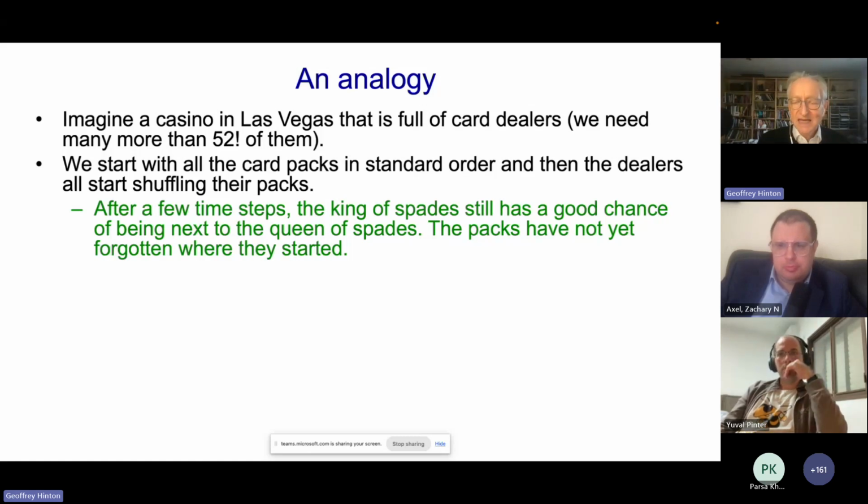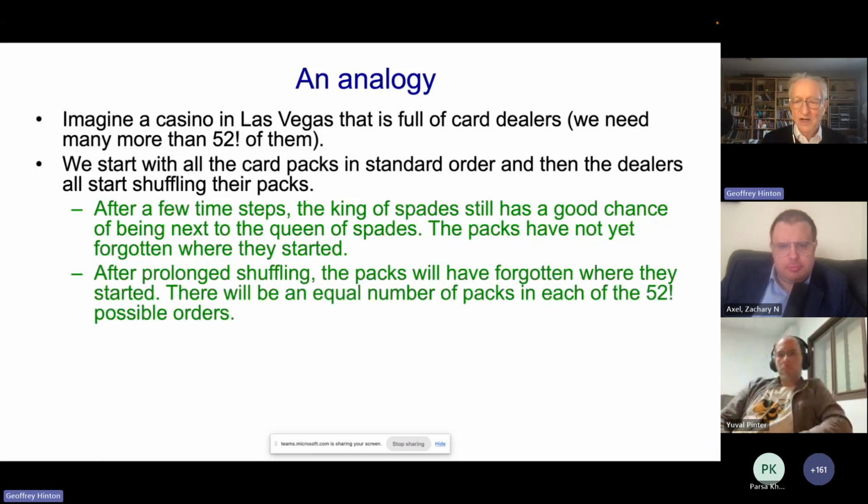But if they keep on shuffling for a long enough time, all sequences of cards in these packs will be equally likely. That's thermal equilibrium. They keep on shuffling, so any one pack of cards changes, but if you look at this whole ensemble of packs, the fraction in any one configuration stays constant.